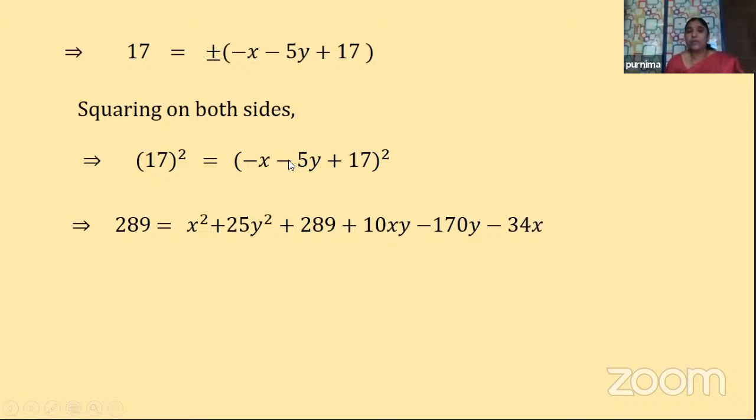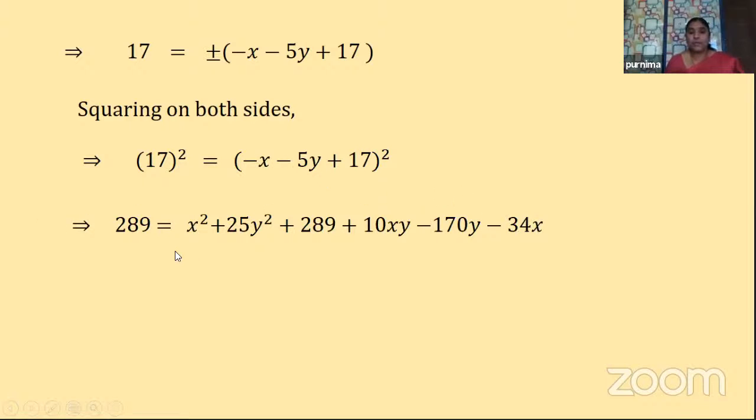Plus 2bc: minus into plus is minus, 2 fives are 10, 10 into 17 is 170y, negative. Next 2ac: a is negative and c is positive, minus into plus is negative, 2 into 17 is 34, so 34x.